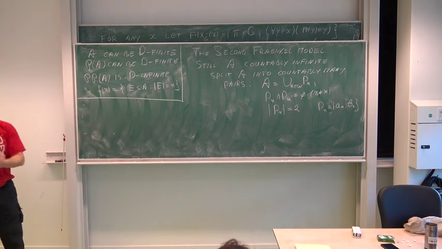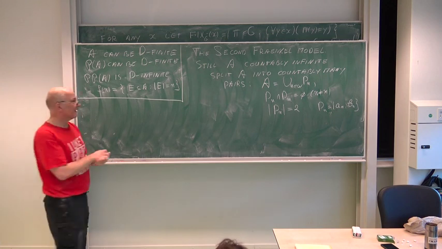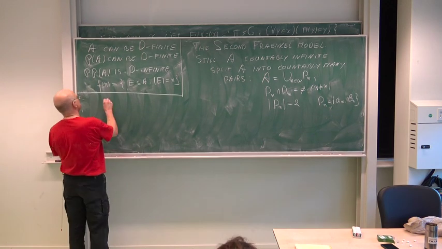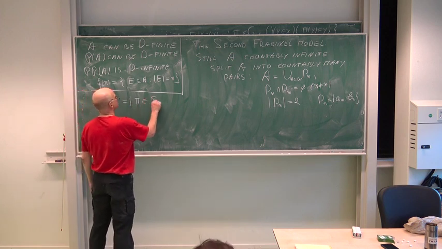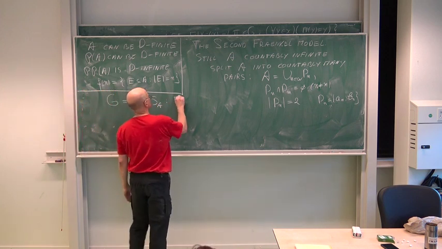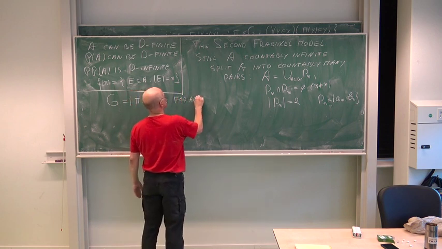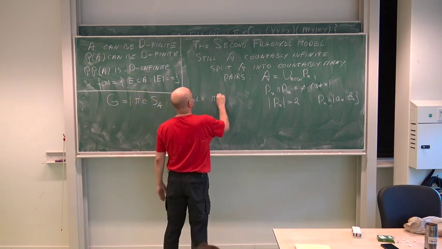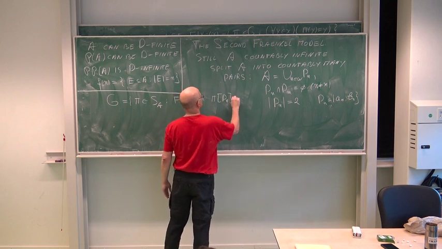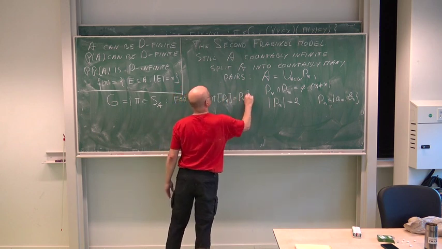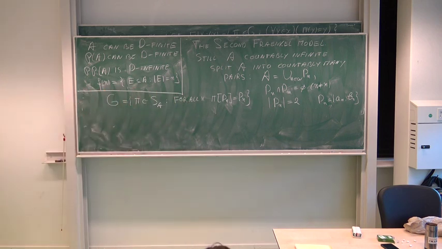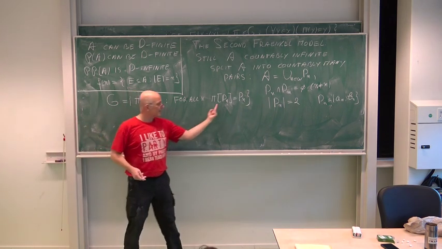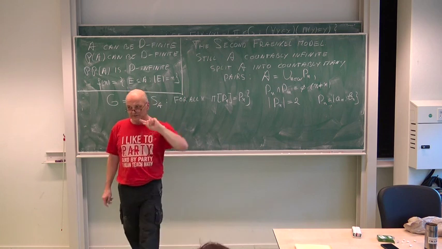So we split A into pairs, and what is G? We don't take all the permutations, we take the permutations that leave each and every one of those pairs invariant.